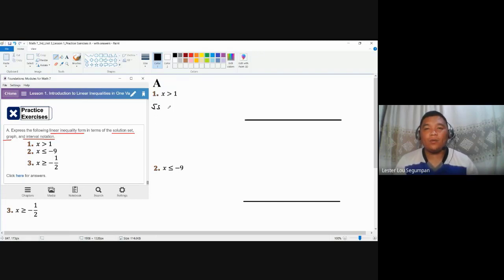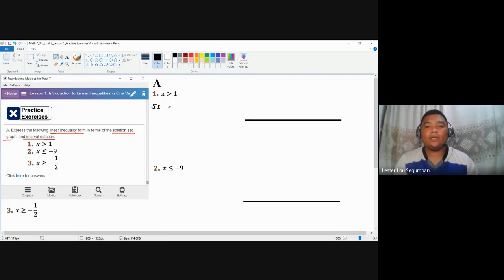If you can still remember, roster form is a form of writing sets wherein you list the elements. It's very easy for linear equations because you can only have one or two or none, so there is a limited number of solutions that you can list. Again, in linear inequalities, there are infinitely many and you cannot list all of them. And therefore, we cannot use the roster form.